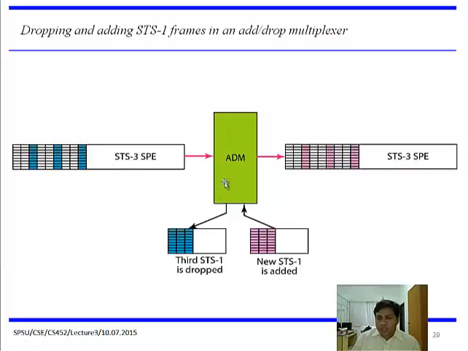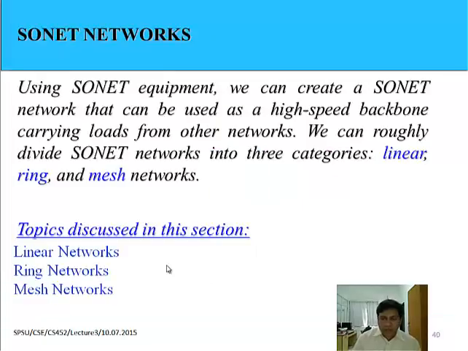The corresponding signals will pass, and the ones which should not go from line 1 to line 2 will be dropped. New signals will be added and the old signals will be dropped. This is how it works. In SONET equipment, we can have different topologies: linear, ring and mesh network.